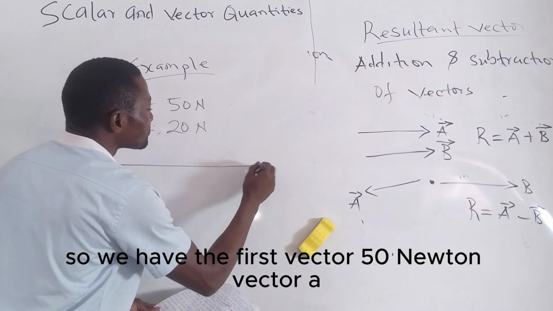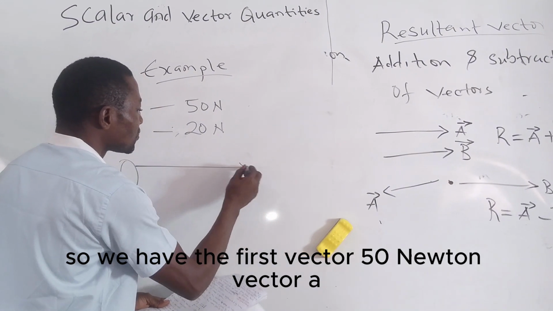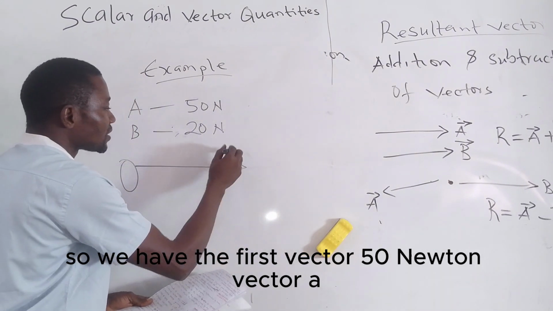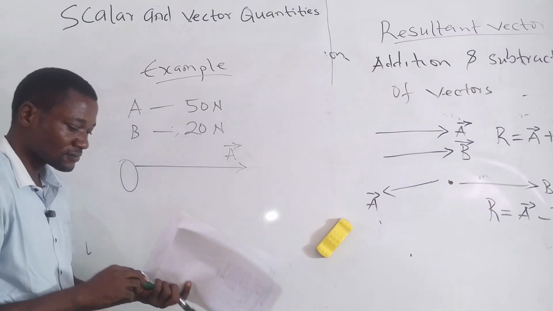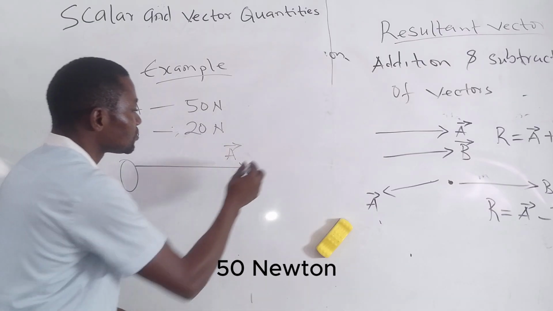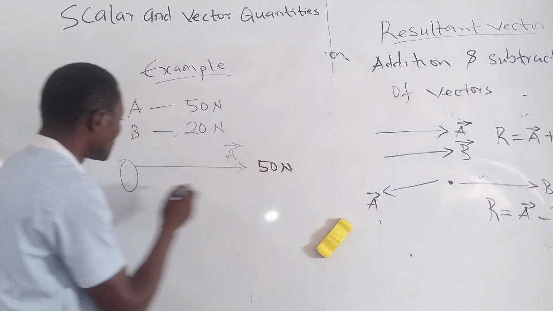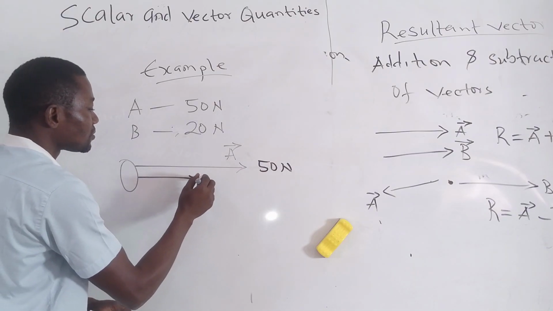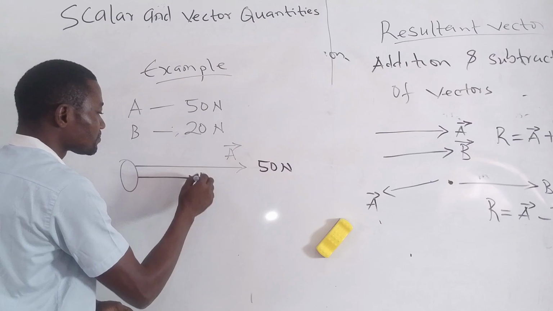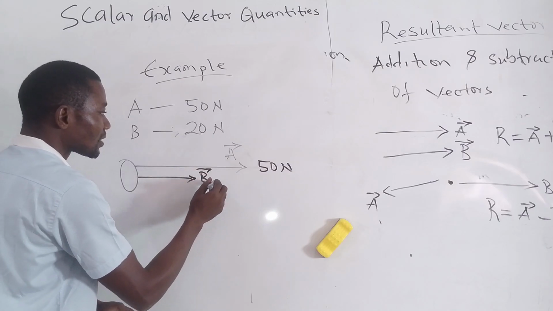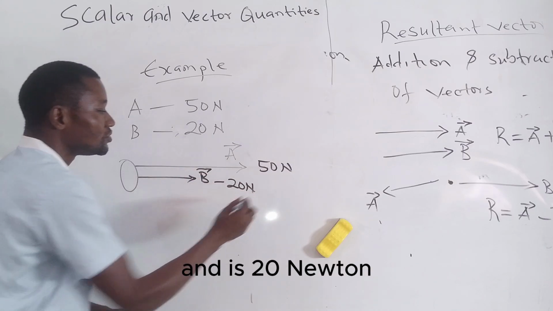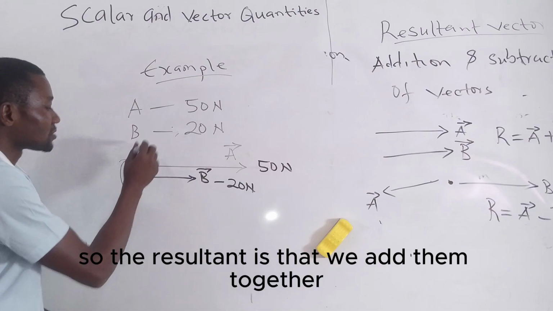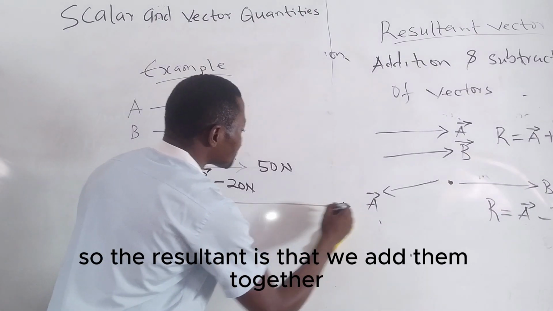So we have the first vector, vector A, 50 Newton. Then we have vector B, which is 20 Newton. So the resultant is that we add them together.